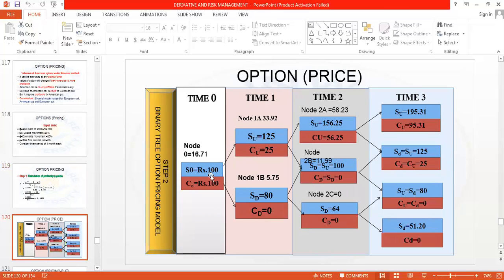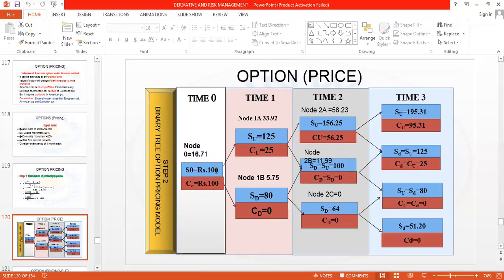So now just see, the entire time phase has been divided into time 0, time 1, time 2, time 3. Just look at the figure. Spot price is going up from 100 by 25% to 125 in time 1, then again 25%, it becomes 156.25 in time 2, and finally again 25%, it becomes 195.31.